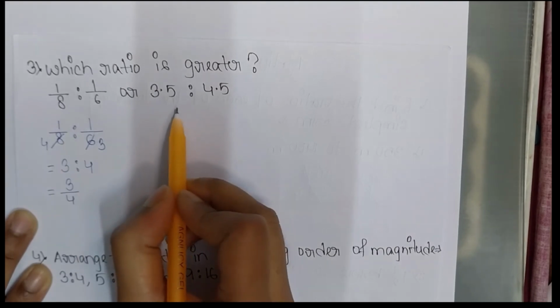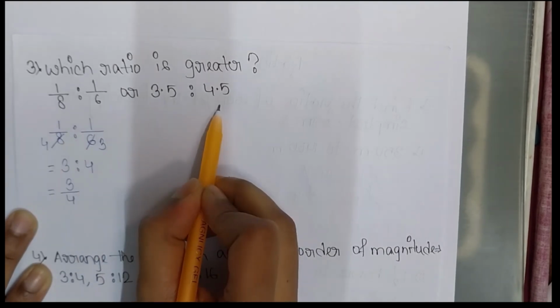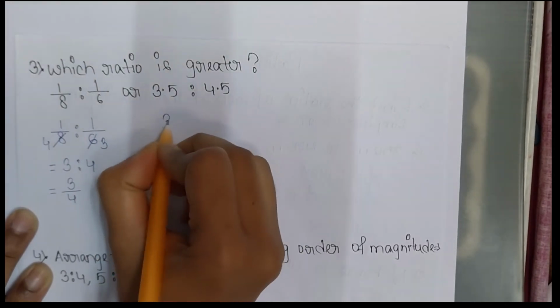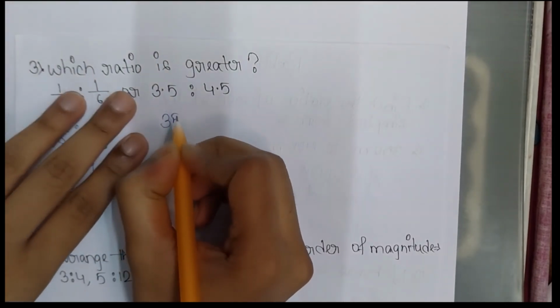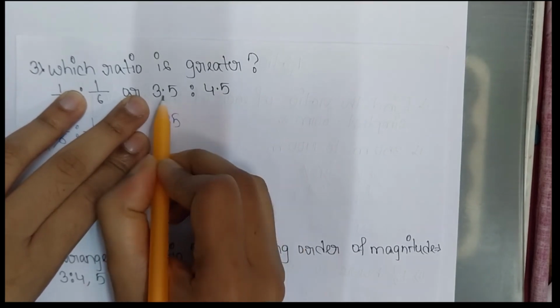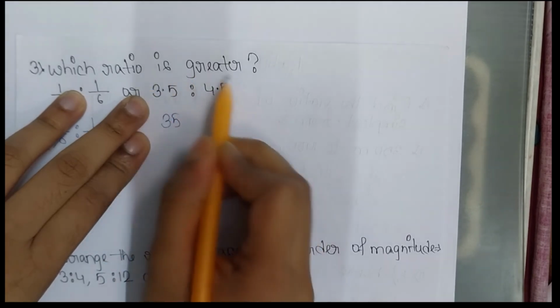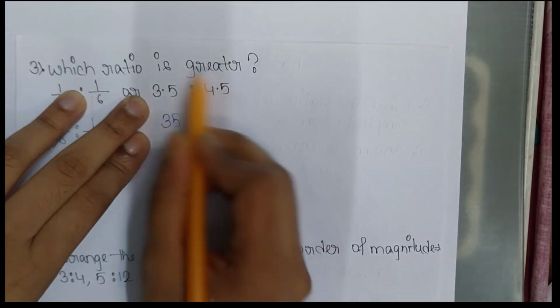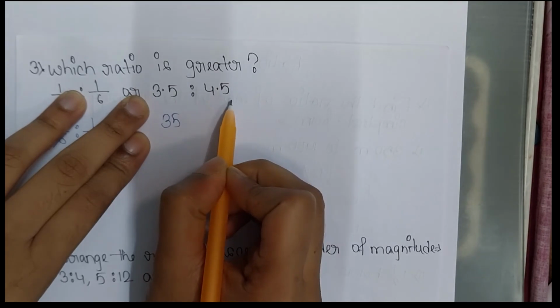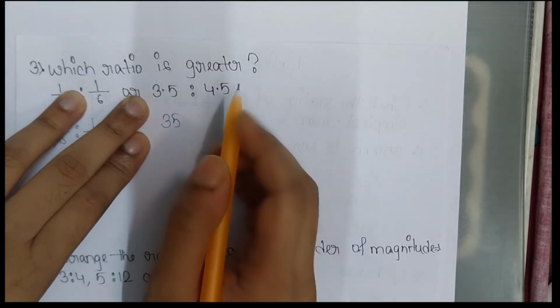In the same process we have to find the simplest form of this ratio. So 3 by 5. Here we have 3.5 and 4.5. So in this ratio the given numbers are decimals.